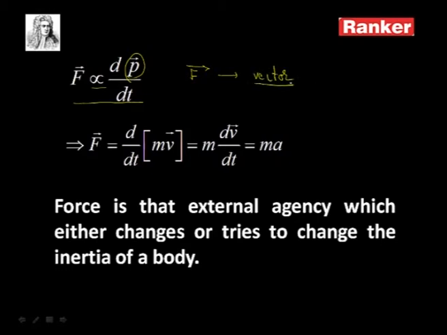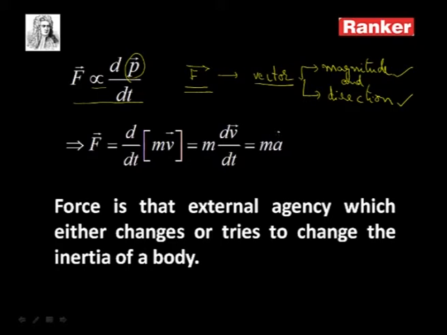What is a vector quantity again? The quantity which will have both magnitude and direction. There are two different parameters we have to consider. If a particle or a body is acted upon by some force, that force, whatever we are discussing here, will have magnitude as well as direction.